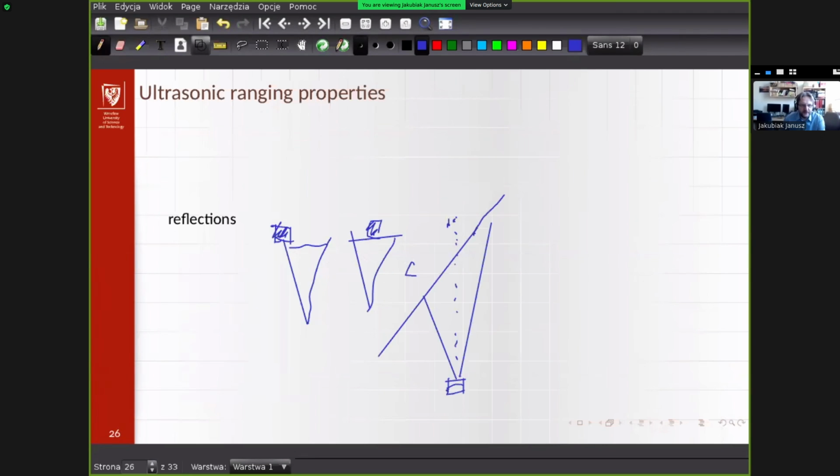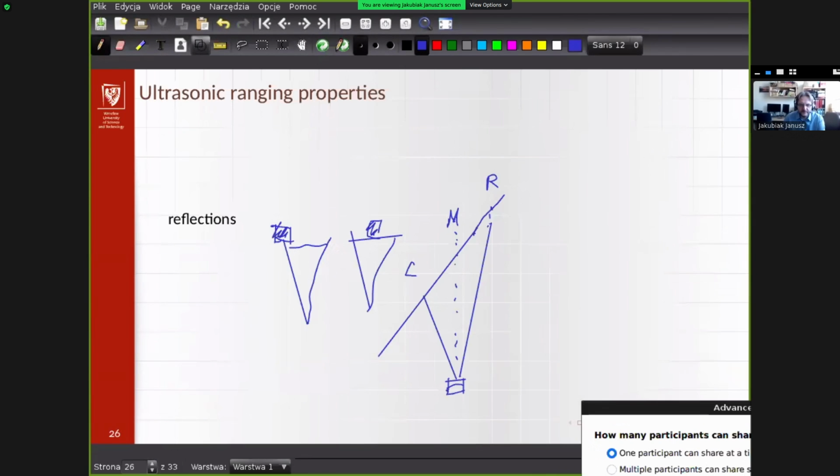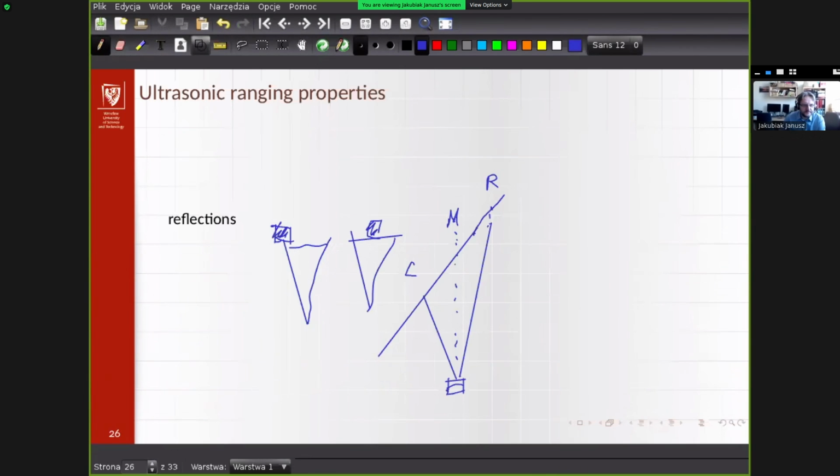The left, middle, or the right one? What do you think? Well, we said that it will be the closest one. So most likely you will get this distance as an answer.